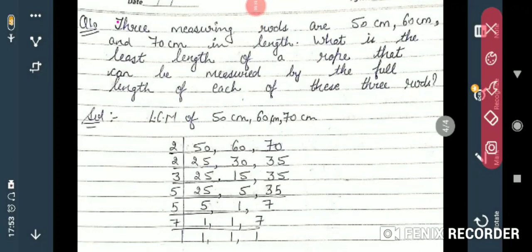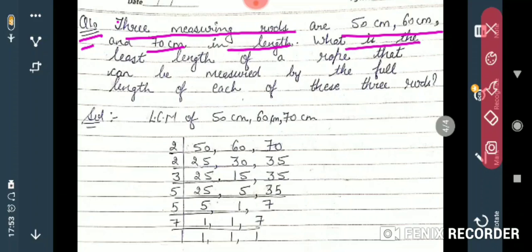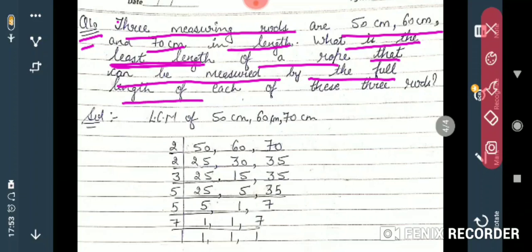Now 10th question. 3 measuring rods are 50 centimeter, 60 centimeter and 70 centimeter in length. What is the least length? What is the meaning of least length? Lowest length, the smallest length of a rope that can be measured by the length of each of these 3 rods.